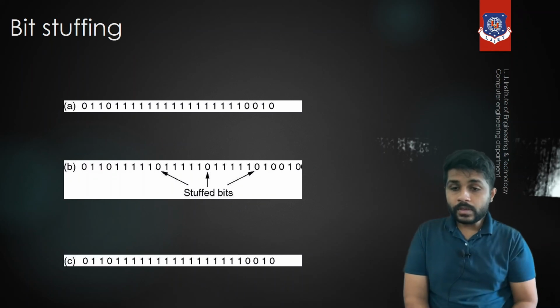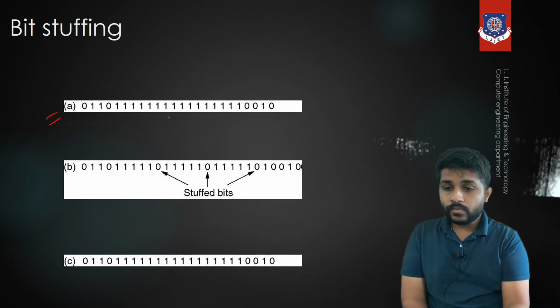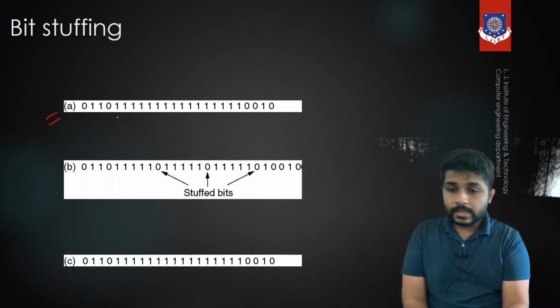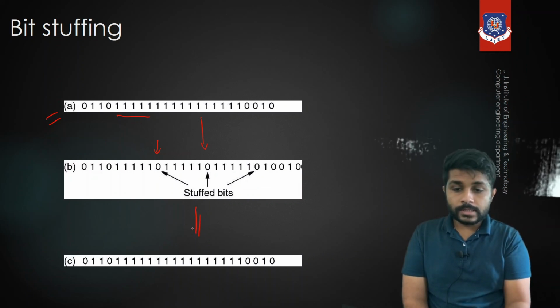So you can see that this is the data which is sent by the sender. Now you can see that there are many places with 5 consecutive ones. So after 5 consecutive ones, the sender will stuff the 0. Okay, and this data will be sent to the receiver. When the receiver receives the data, it will remove the 0 after 5 consecutive 1s.